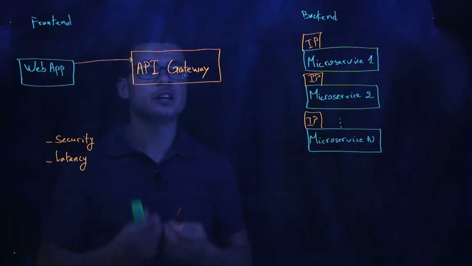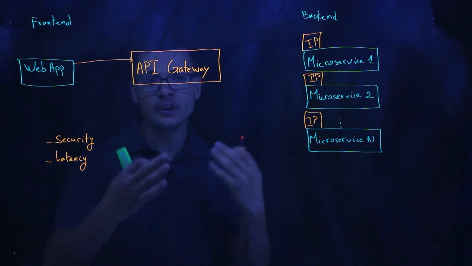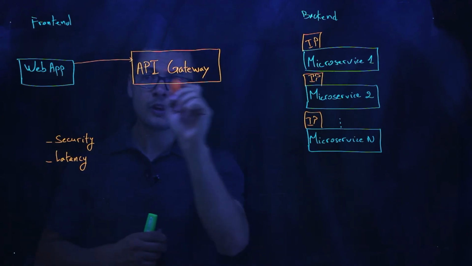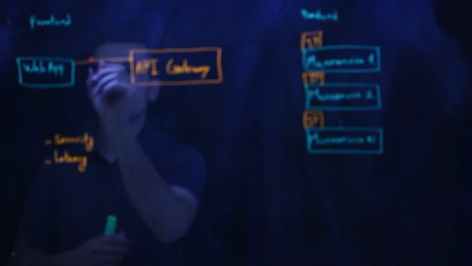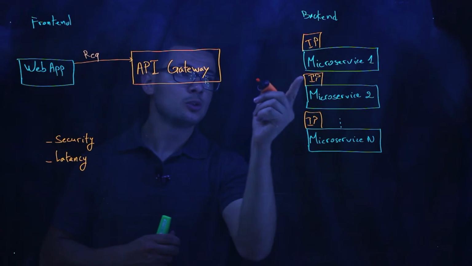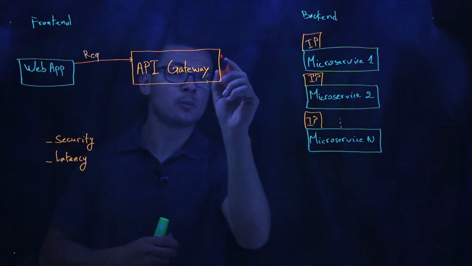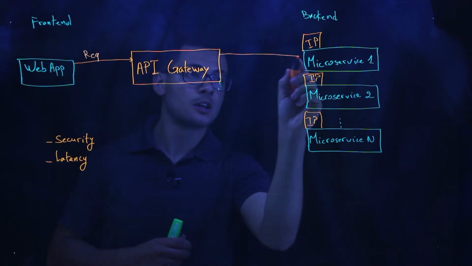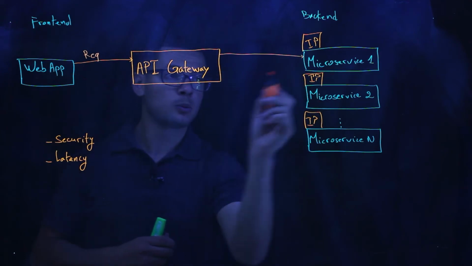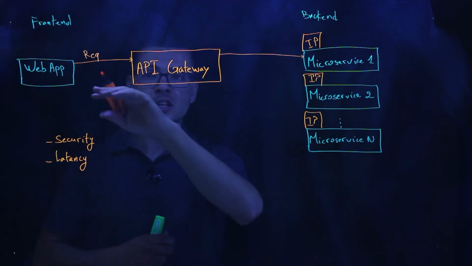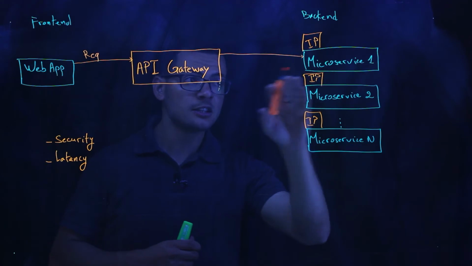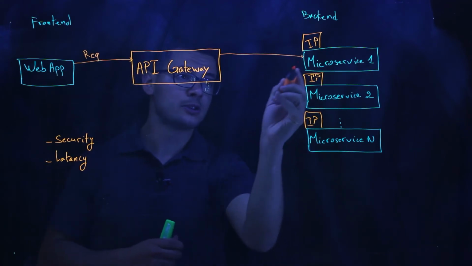So basically an API gateway is like a reverse proxy that will get the client request and redirect it to the microservice that the web app wants to connect to. So it will just get that request, then redirect it to the following microservice.